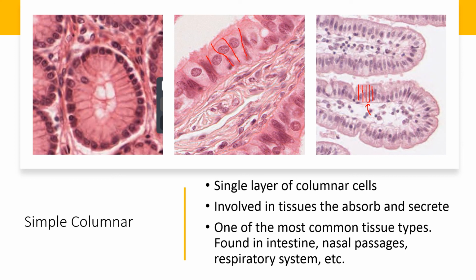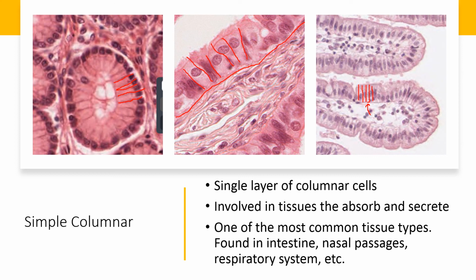This is simple columnar. There's only one layer of cells on top of the basement membrane, which separates the epithelium from the connective tissue. Here's another one. This one actually makes a duct. This is from the salivary gland. It helps deliver saliva.